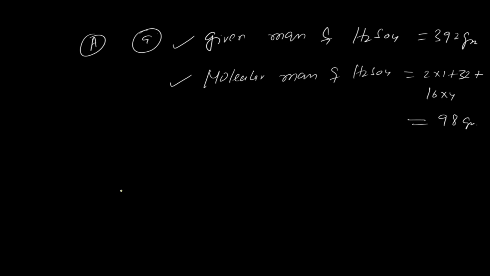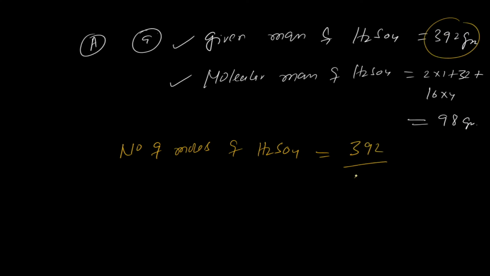Number of moles of H2SO4 will be given mass 392 divided by 98. When you solve it, it will come 4 moles. So in this question you can use the formula directly.